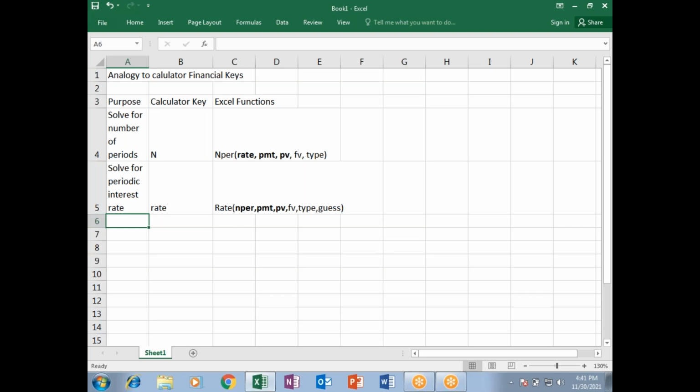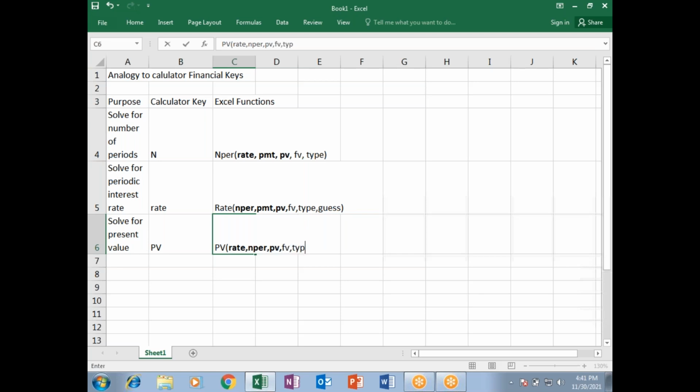So when it comes to solving the present value, if I want to find out the present value, we use PV. PV, rate, NPER, PMT, future value will be in the syntax.